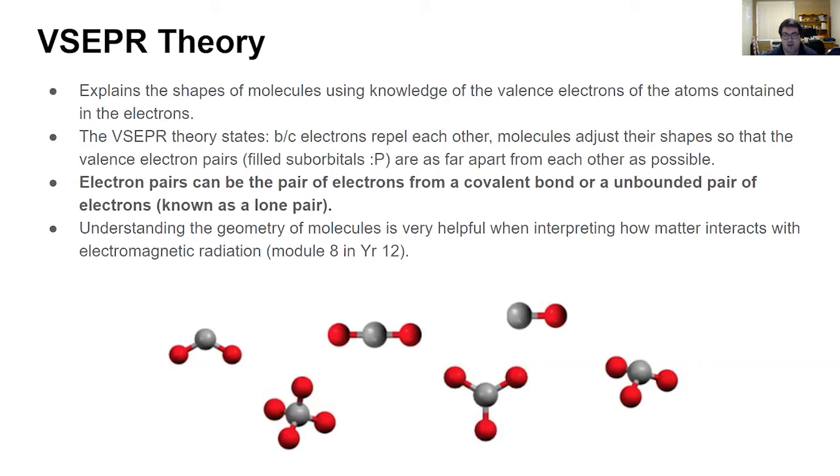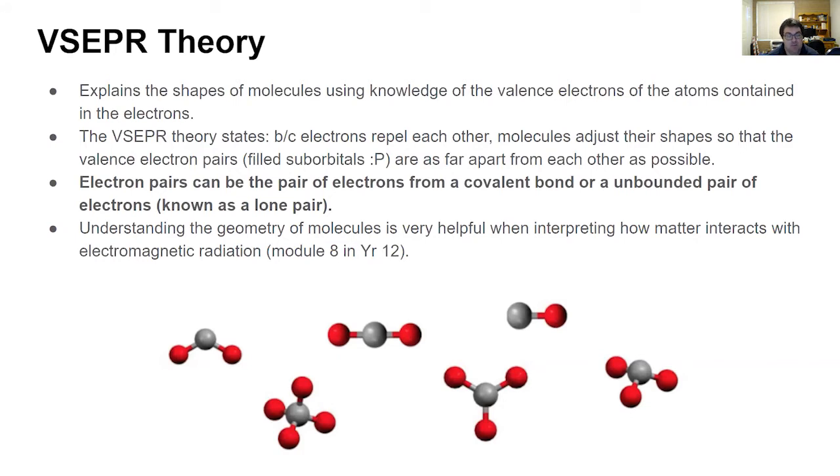Because electrons repel each other, and electrons in filled valence shells, which is what's happening in small covalently bonded molecules, pair up in a suborbital, those pairs of electrons will try to stay as far away from other pairs of electrons as possible around that central atom.